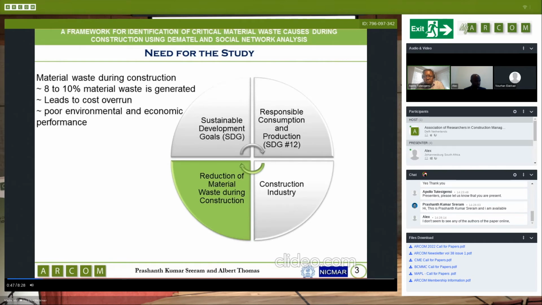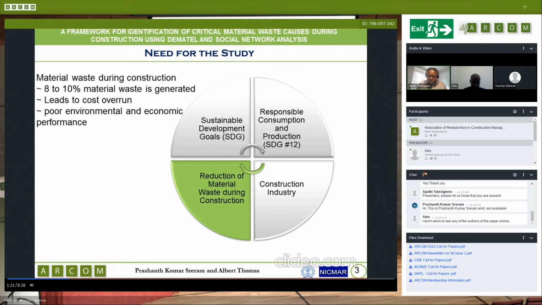Every country, a signatory to Sustainable Development Goals, is identifying ways to contribute to sustainability. Construction industry is an important contributor to economic growth of a nation. Apart from that, it can contribute to sustainability by way of responsible production and consumption. It can take efforts to reduce material waste. Why material waste reduction?